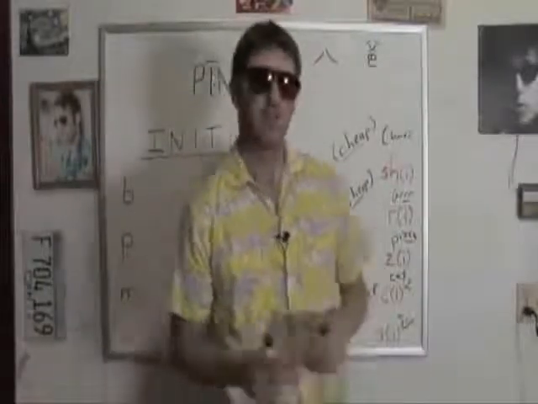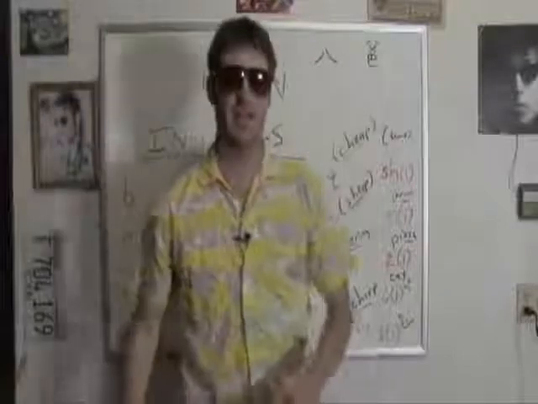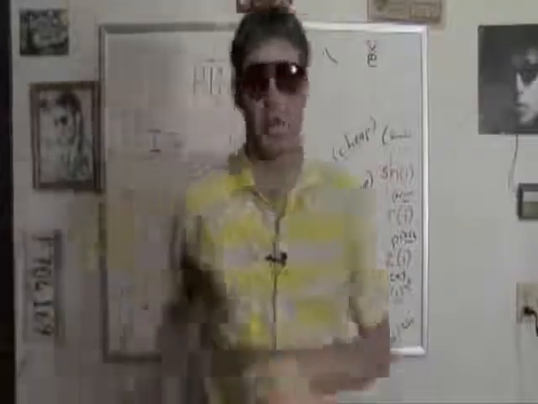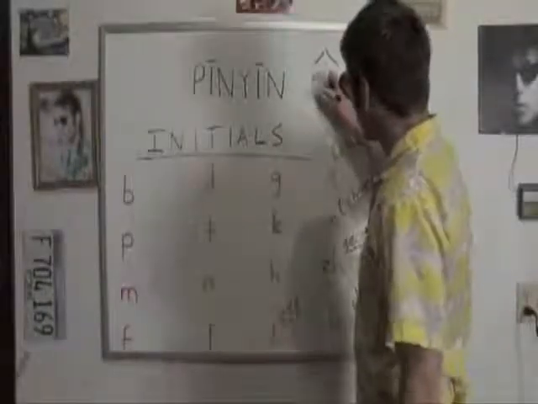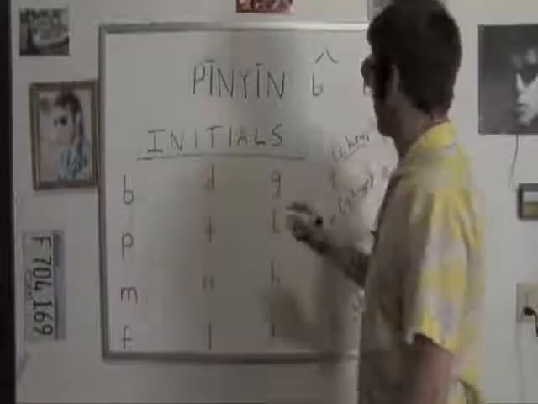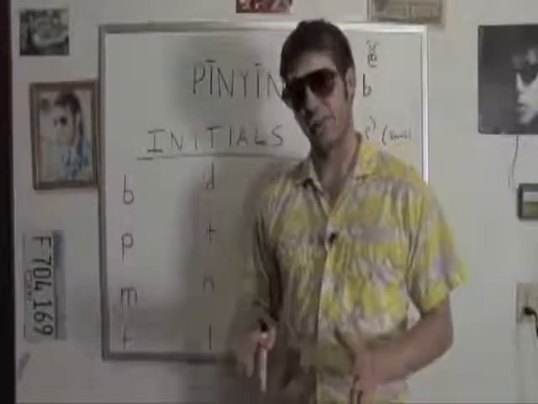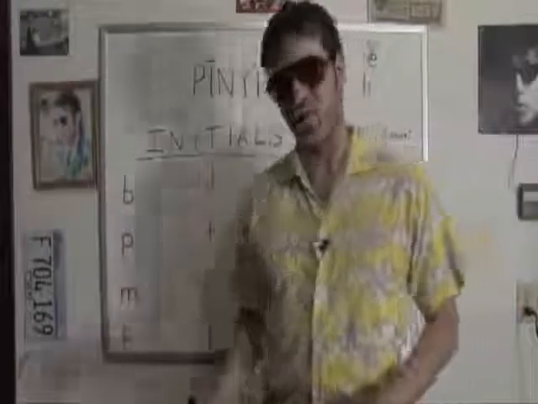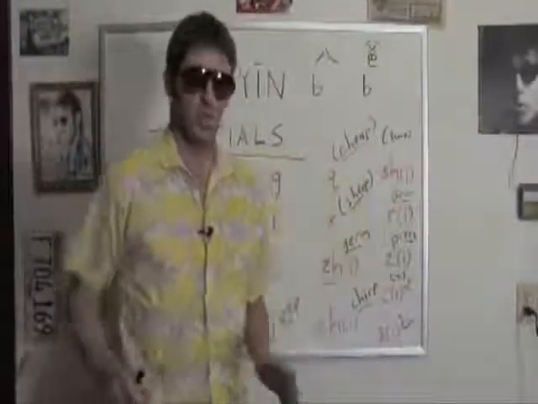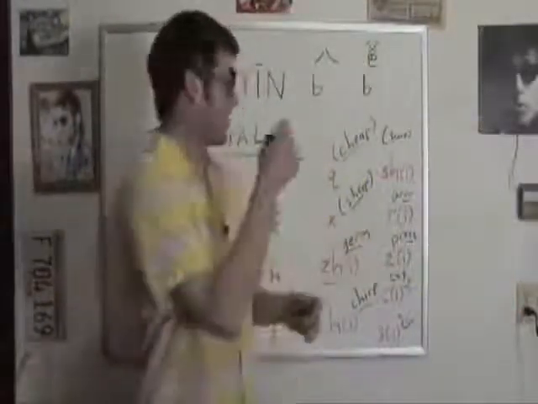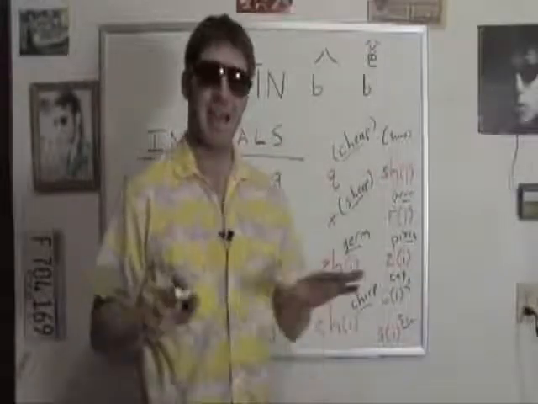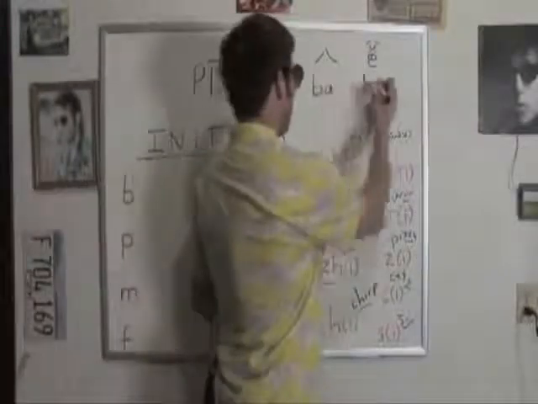So let's look back to the top. Now that you know these initials, I will tell you that both of these characters begin with the initial B. We don't know finals yet, but when we do, you will find next time that the letter A is a final, the easiest one. A, ba.